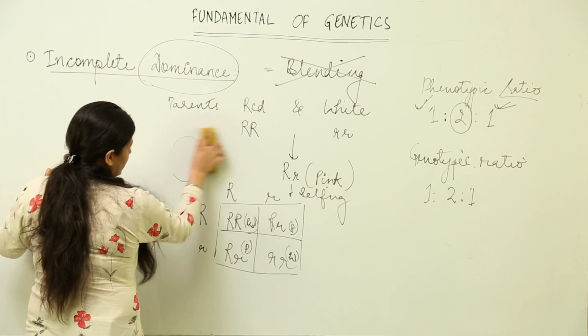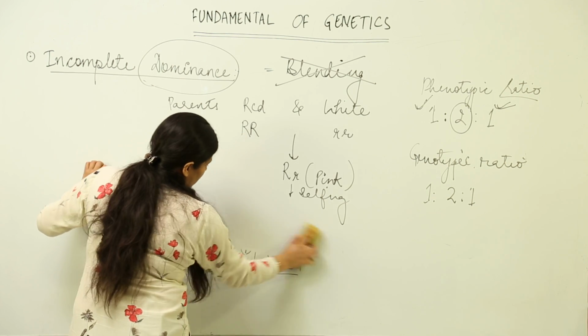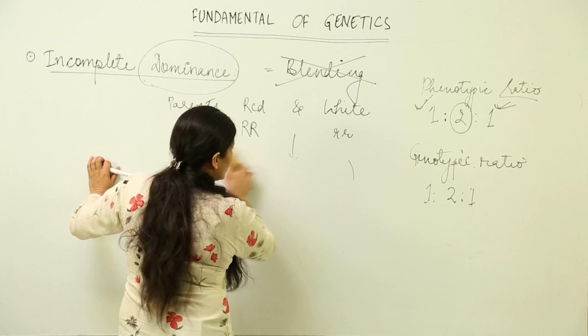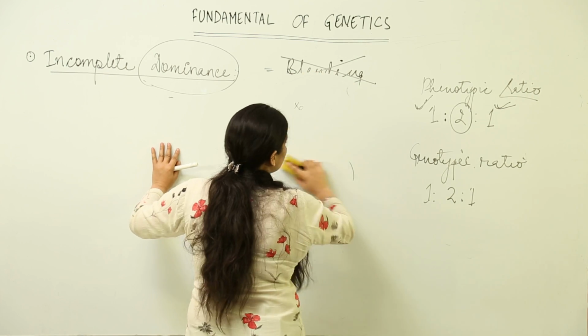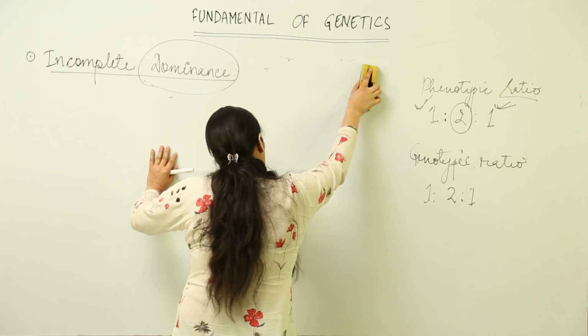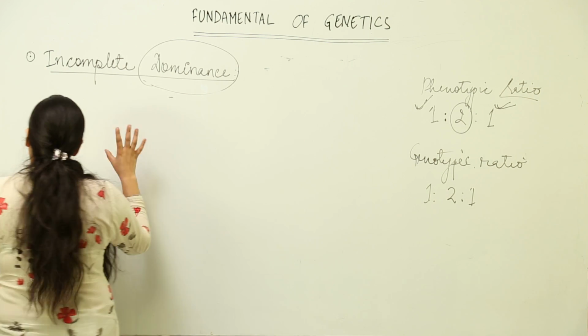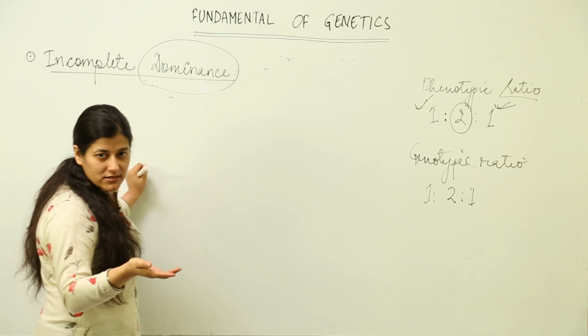Now what you have to keep in mind is how this phenotypic ratio arrives. How is this arrangement possible, that though there isn't any blending, the dominance is not as expected?